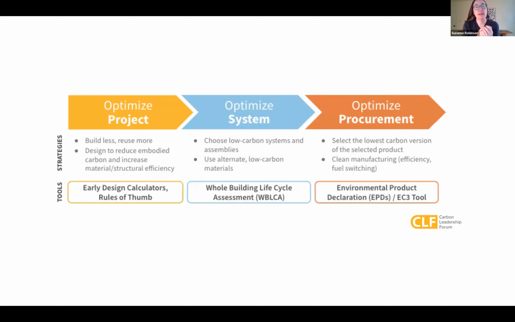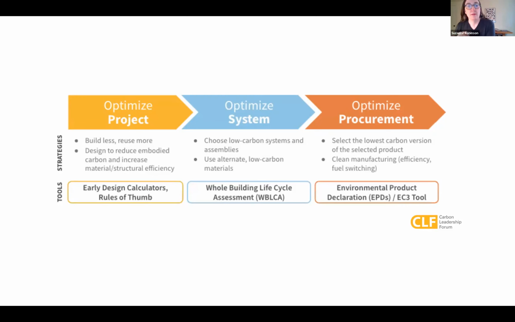And then optimizing your system is choosing low carbon systems. So for instance, in structures, we're seeing a lot more where we're looking at projects and we're looking, should we do a conventional concrete, steel structure versus mass timber or mass timber hybrid system, looking at what are our system options.